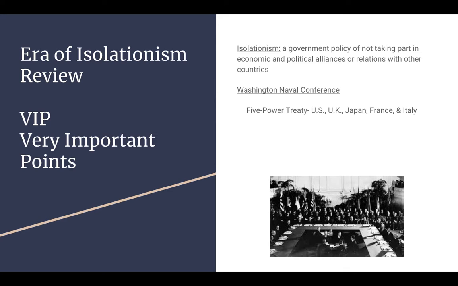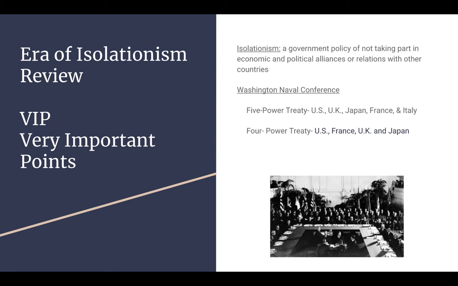It allowed the United States and the United Kingdom to have the most warships and the largest navies because both countries had navies in the Pacific and the Atlantic. This treaty called on all five of these countries to stop building capital ships and reduce the size of navies by scrapping their older ships.